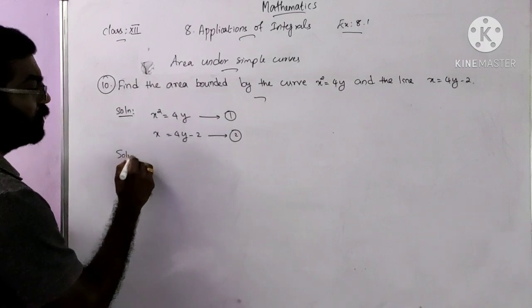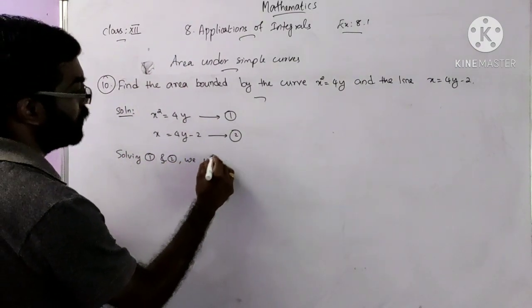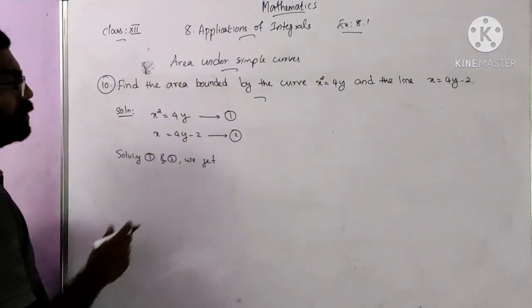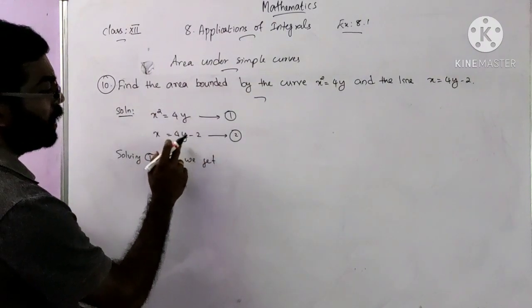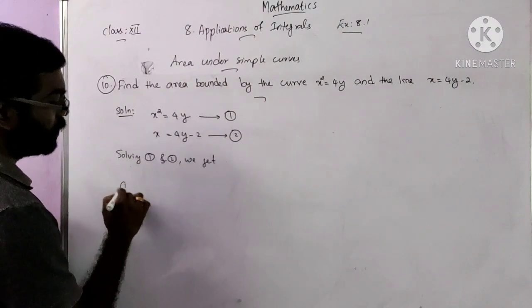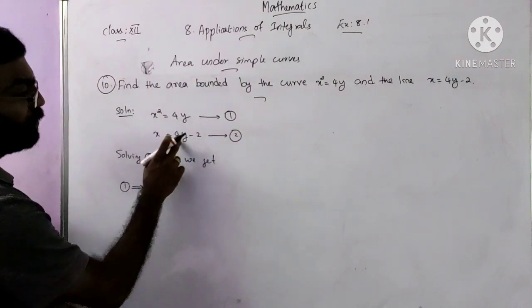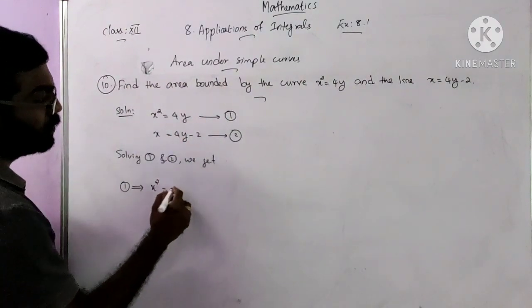So solving 1 and 2, we can replace the value of 4y in the first equation. So equation 1 implies x square equal to, instead of 4y we can write x plus 2.